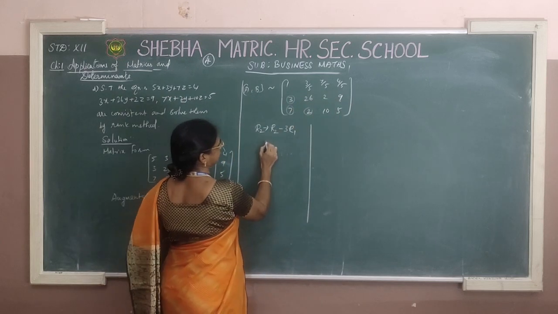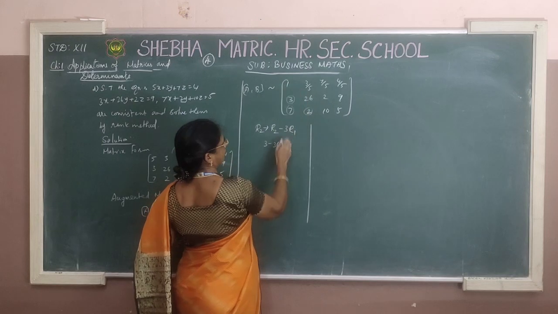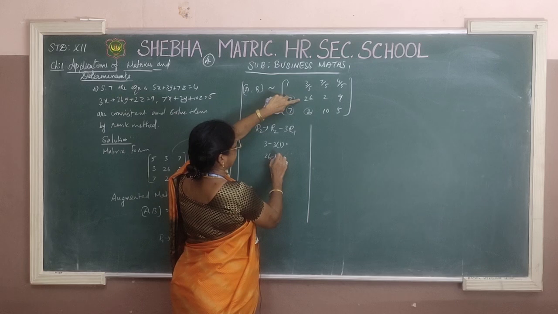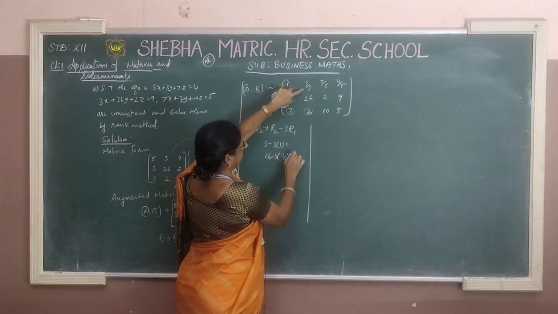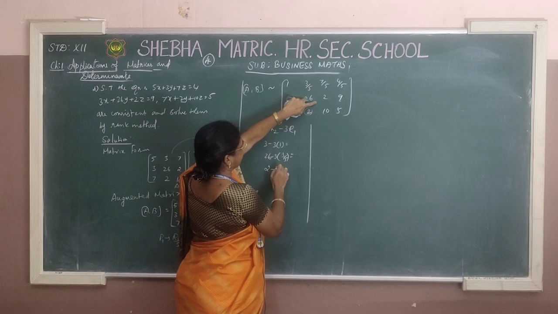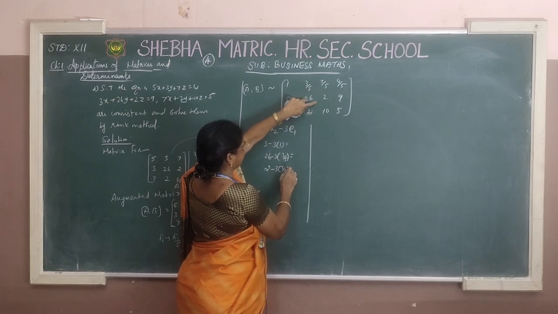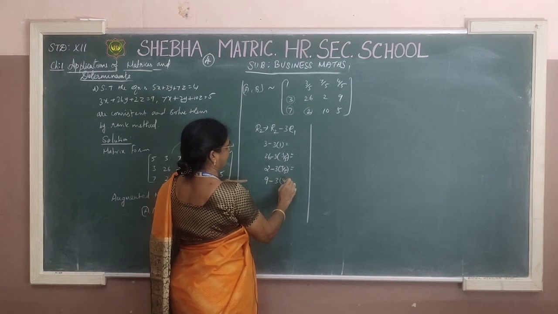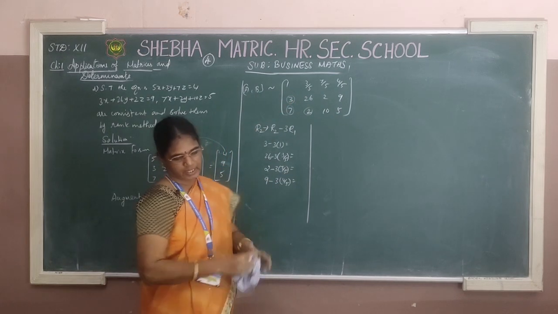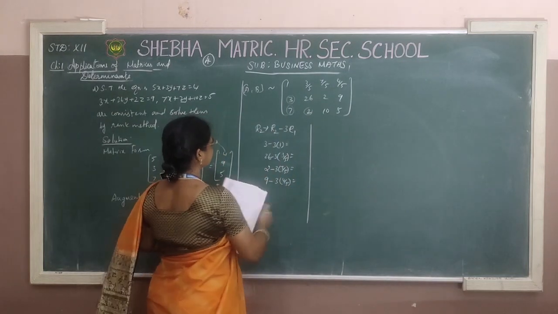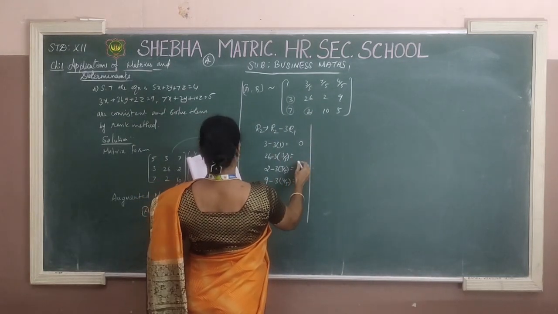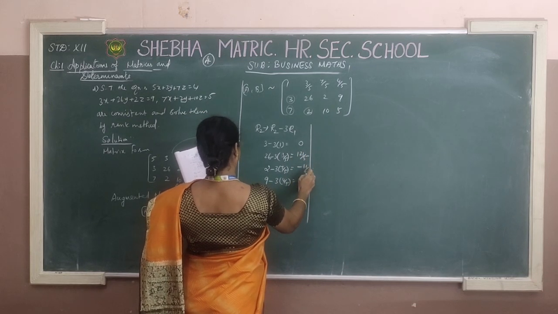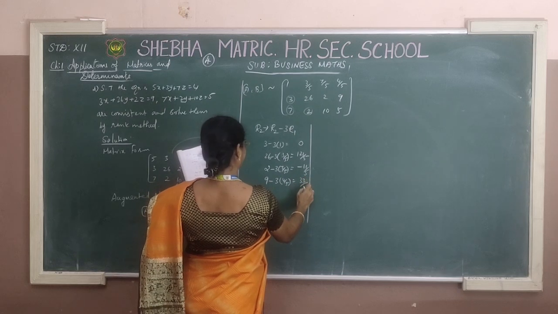First one is 3 minus 3 into 1. Next 26 minus 3 into 3 by 5. Next 2 minus 3 into 7 by 5. The last one 9 minus 3 into 4 by 5. After some calculation we get 0, 121 divided by 5, minus 11 by 5 and 33 by 5.